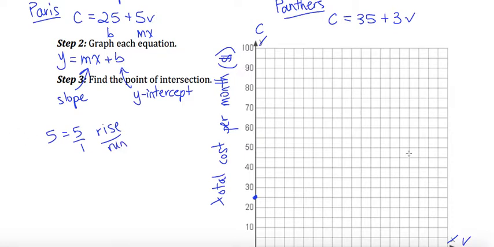So I'm going up 5 units over 1 unit, up 5 units over 1 unit, up 5 units over 1 unit. And I'm going to keep going all the way up, again, until I run out of room on my graph, because I don't know where my point of intersection will be. It might happen early in my graph, or it might happen further up in my graph. So the more points that I do, the easier it's going to be.